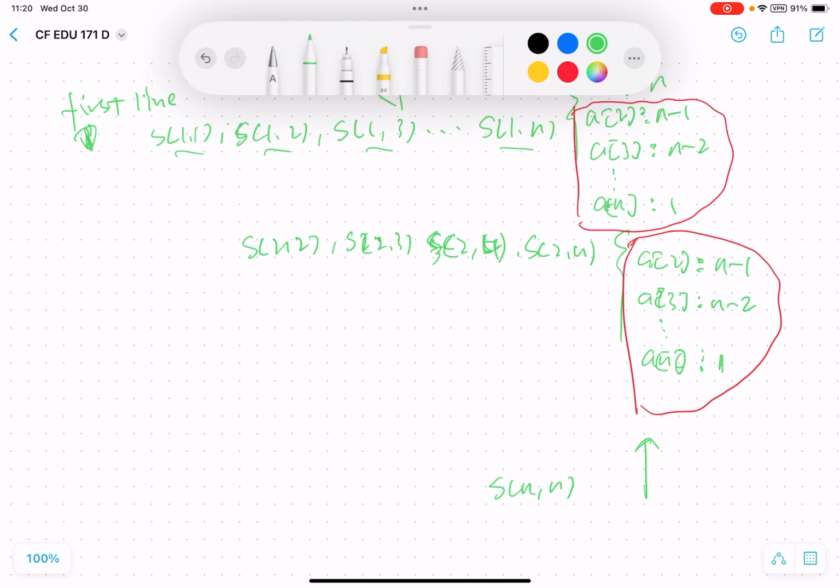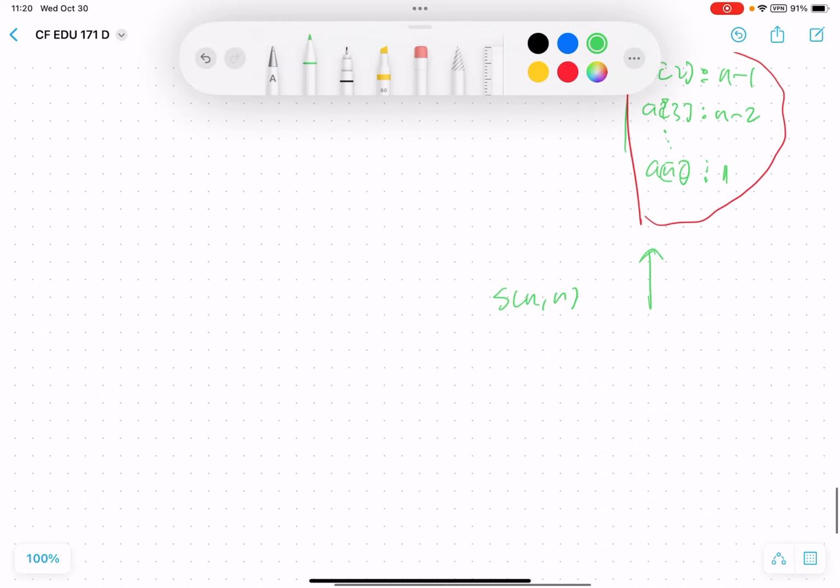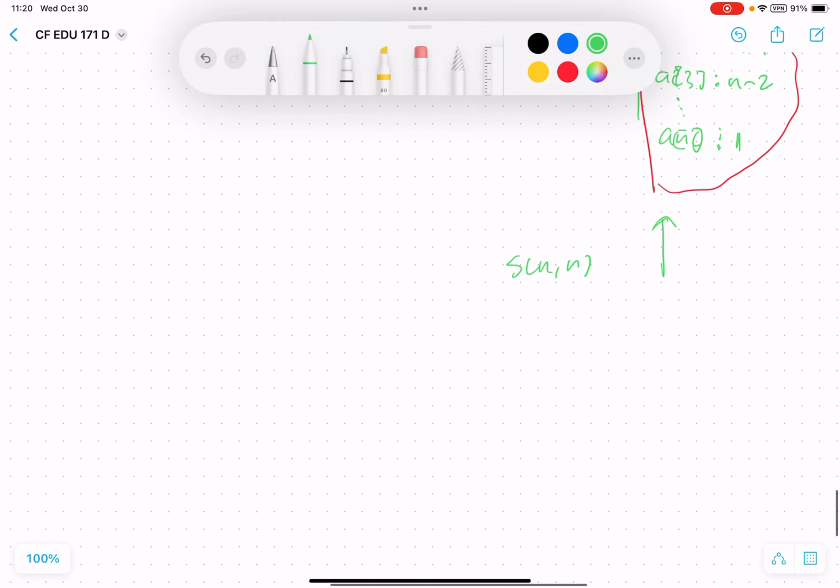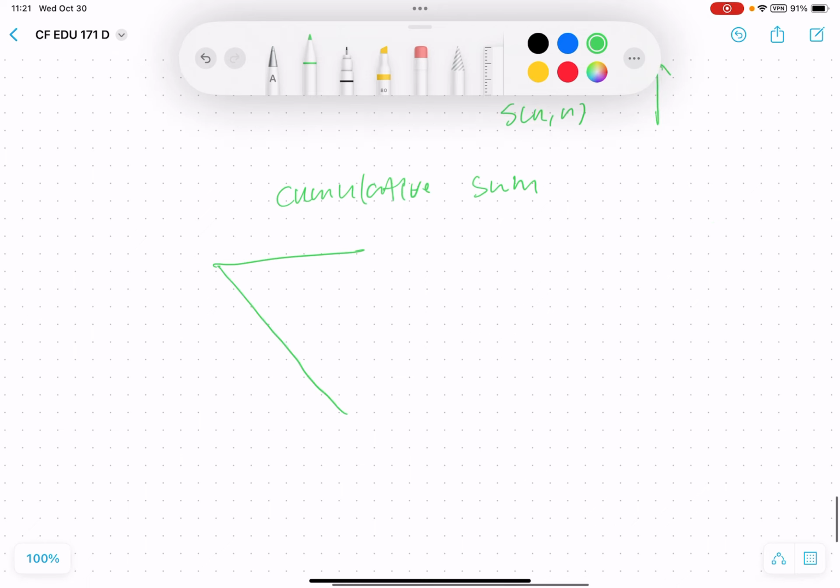After that we will know the sum of every line. Then we can calculate the cumulative sum of the sum of every line. So this is very important.